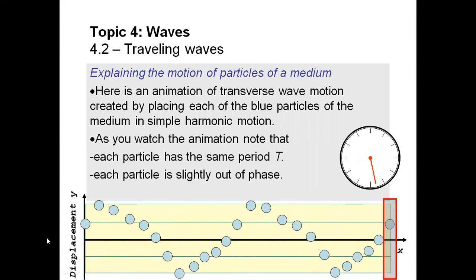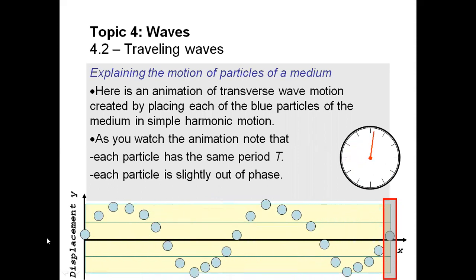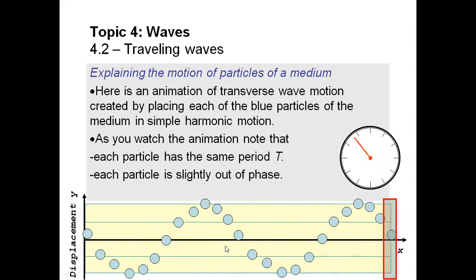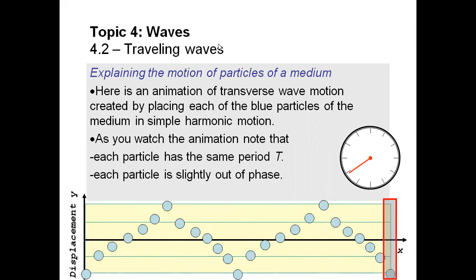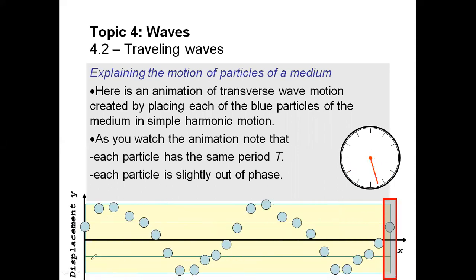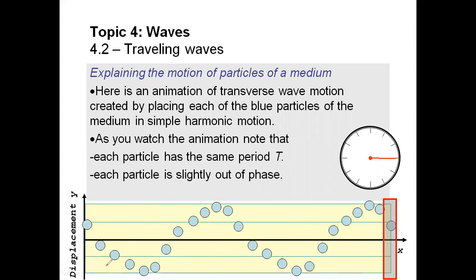Each particle is slightly out of phase. So what does it mean? While they're traveling up and down, they're not at the same horizontal position. For example, let's look at the first two particles on the left, the first one and the second one.